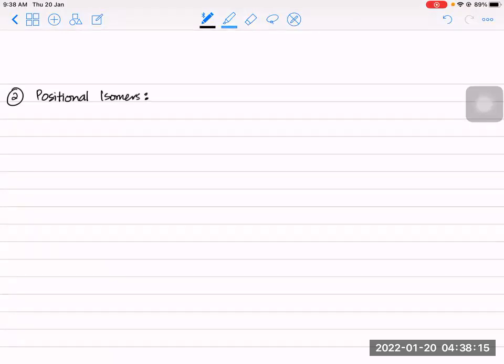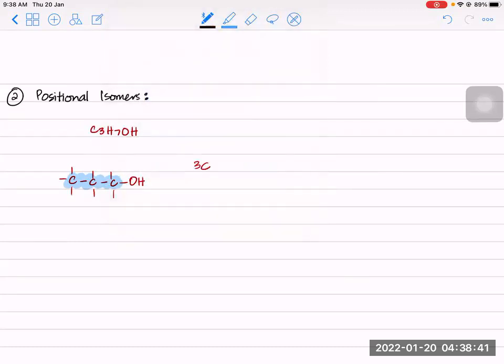Let's see positional isomers. Now, what are positional isomers? Let me take an example of C3H7OH. So you have 1, 2, 3. So you have the OH on the first carbon. So the main chain has how many carbons? 3.